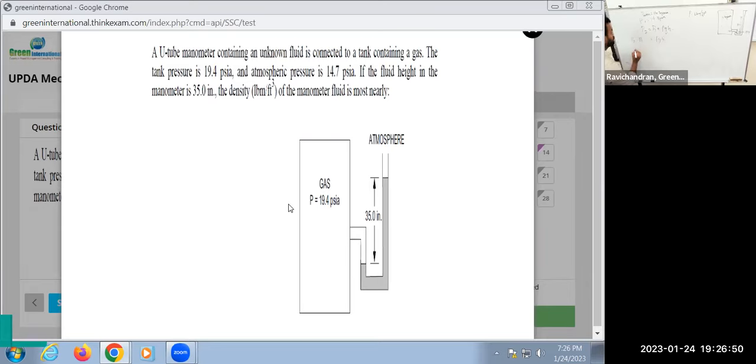P2 is equal to 19.4 psi. So 19.4 minus 14.7 is equal to rho into 32.2 into h, 35. So substituting this, rho is equal to (19.4 minus 14.7) divided by (32.2 into 35).